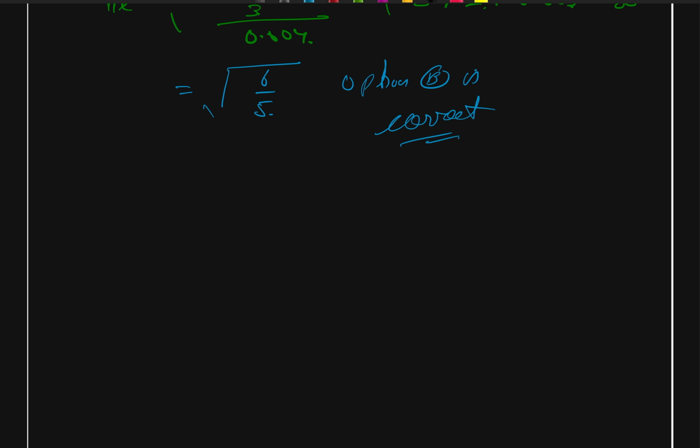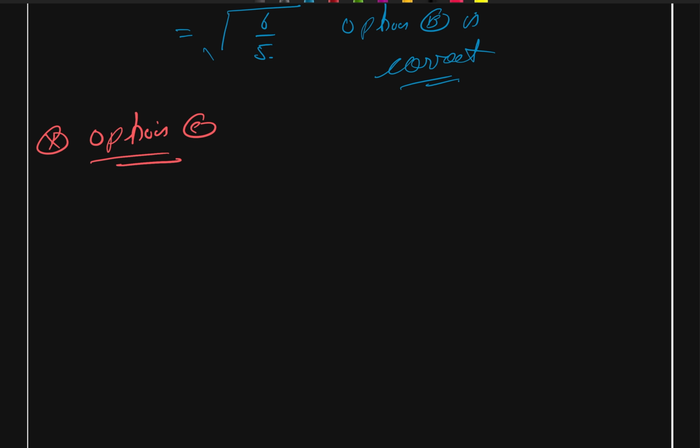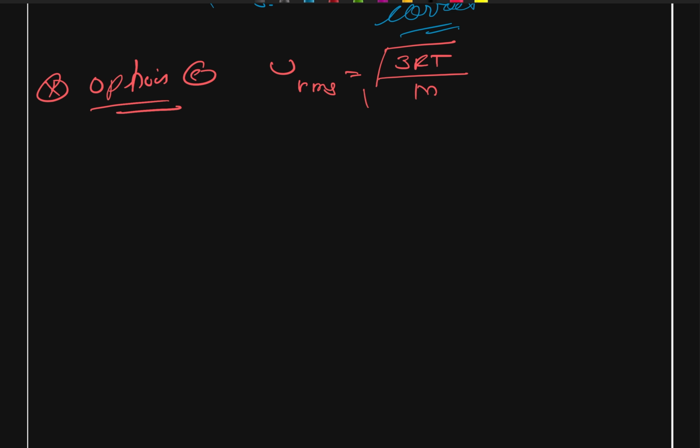Option B is correct. Now we come to option C. RMS speed ratio is 1 by 2. So we know the relationship that V RMS is equal to the square root of 3 RT divided by M. So we can just find the ratio because we know all the values.